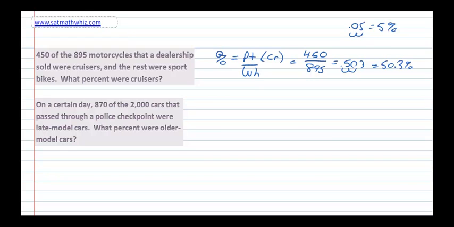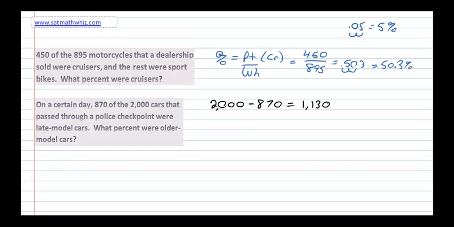On a certain day, 870 of the 2,000 cars that passed through a police checkpoint were late model cars. What percent were older model cars? Well, first of all, if we want to know the number of older model cars, it's the whole group minus the number that are late model cars. So 2,000 minus 870 gives us 1,130.